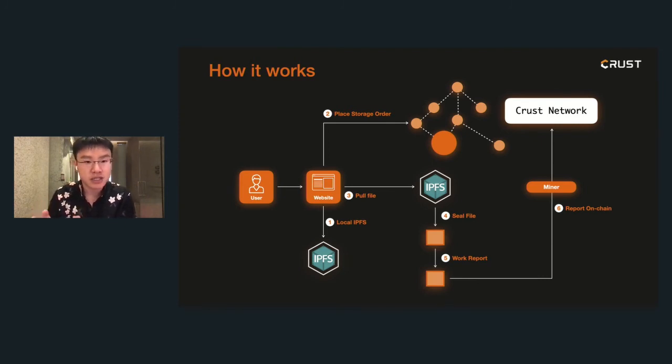Nobody can change the TEE's program. So the TEE program will seal the file within the TEE and record that the node has already stored the data, and it will sign a work report, and the work report will be sent to the chain, and the chain will verify the work report by verifying the file's root hash and the file's state transition and the storage and the local storage size checking.